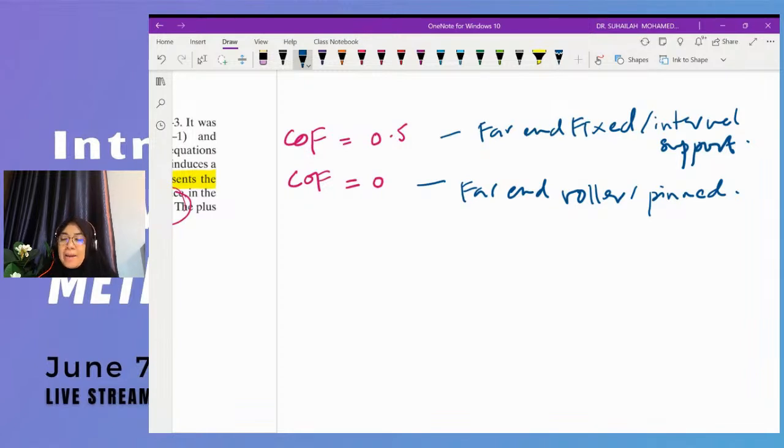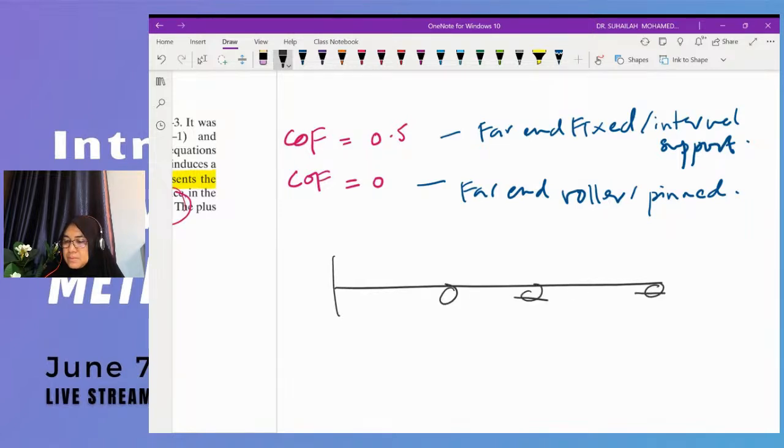Far end, either roller or pin, we have to use the factor 0. Let's say we have A, B, C, D. For AB, the far end is A. B is internal, so we only mention the end.